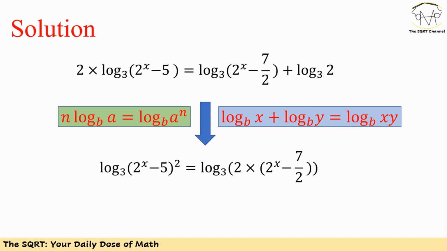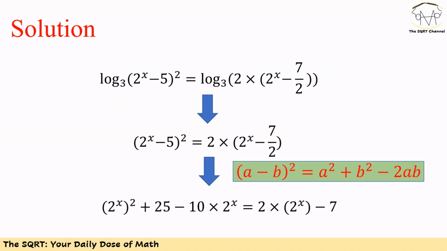If we use these two identities, we can finalize the left hand side as log of 2 to the power of x minus 5 squared in base 3, and on the right hand side we are going to have log of 2 times 2 to the power of x minus 7 over 2 in base 3. After this simplification, we only have log in base 3.